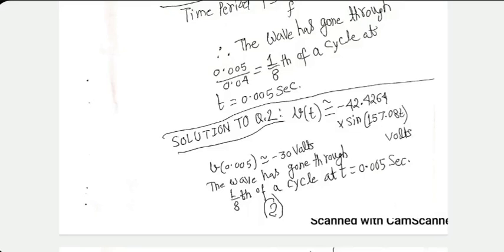So that's the correct answer for this. And other calculations can be made very easily. Instead of plus, we are getting minus 30 volt now. The completion at small t equal to 0.005 is still 1/8 of the entire cycle. That doesn't change.